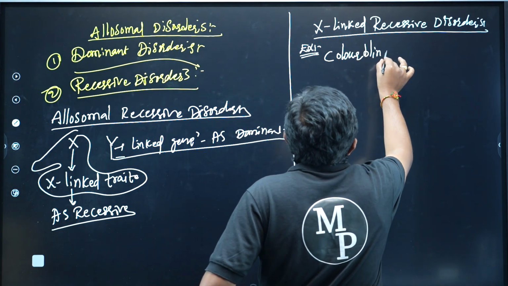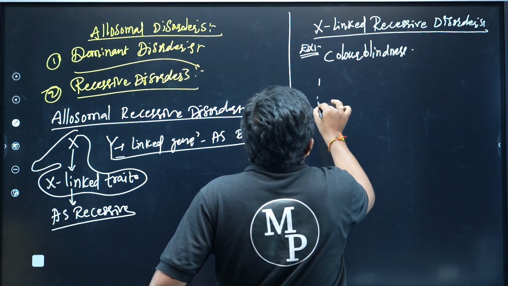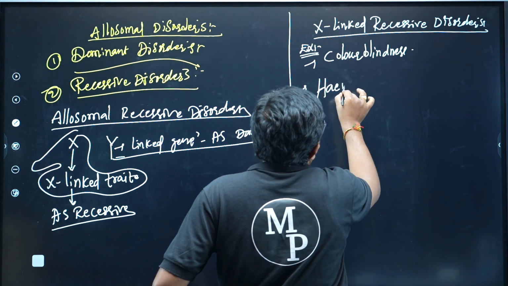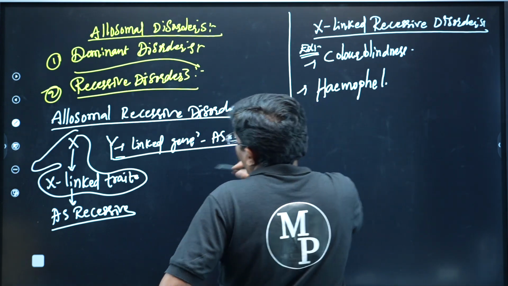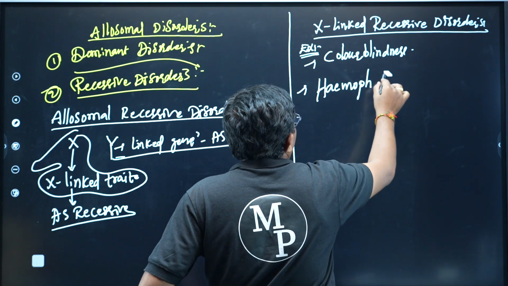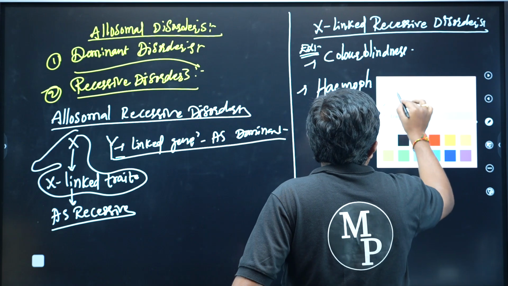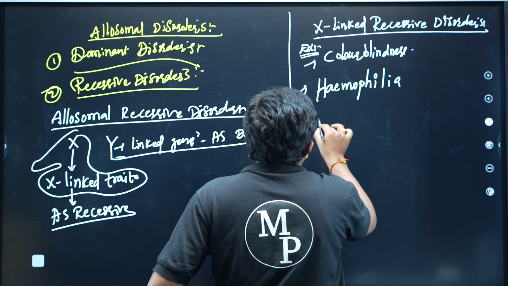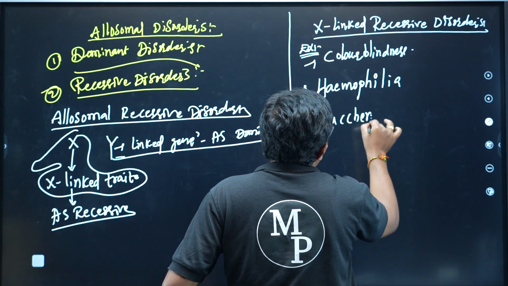The second one is hemophilia. Okay, next one is the Duchenne muscular dystrophy.